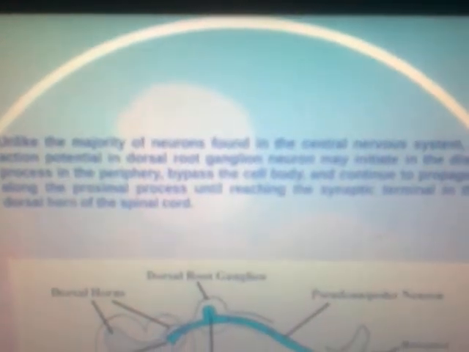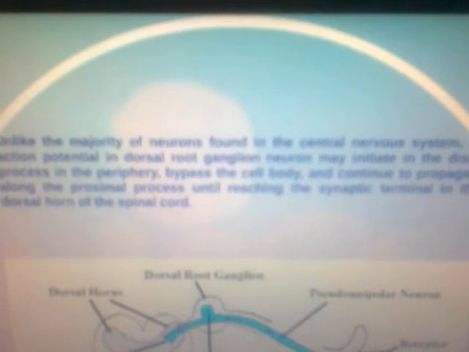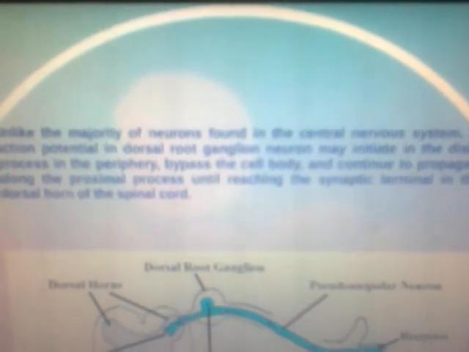Unlike the majority of neurons found in the central nervous system, an action potential in a dorsal root ganglion neuron. These continue to propagate along the proximal process until reaching the synaptic terminal in the dorsal horn of the spinal cord.